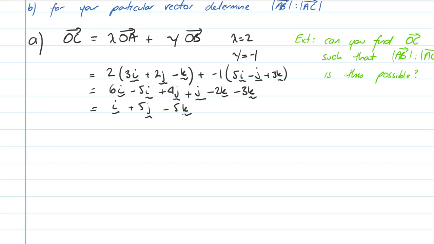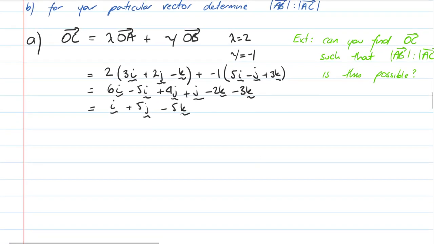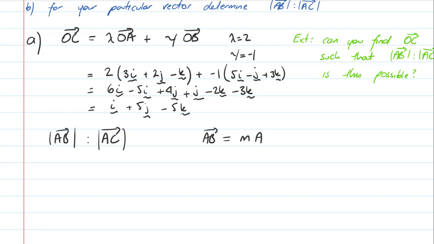Now, of course, I'm asked to find the magnitude of AB as a ratio of the magnitude of AC. So remember here that we said AB, this is our initial premise, is equal to M times AC. So basically, if we can find M, well, we're good to go, aren't we? So let's aim to find M now.